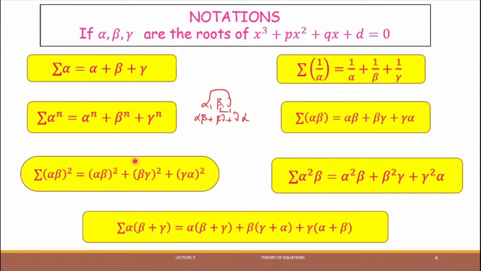Hope you have understood these notations. We will be asked to find these expressions in the problems of exercise 4A, so that's why I am introducing them here itself. Whenever these kinds of expressions are given, these are the meanings of them. Hope you have understood this.